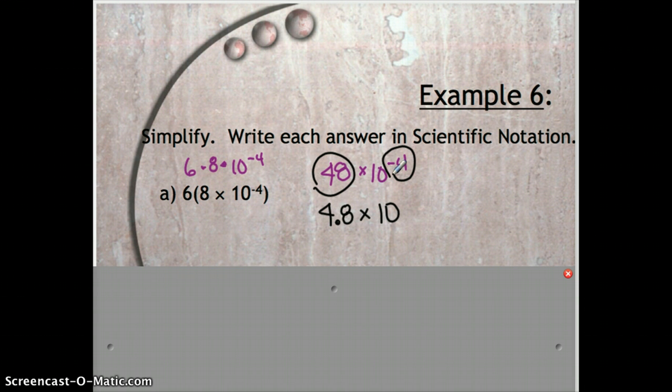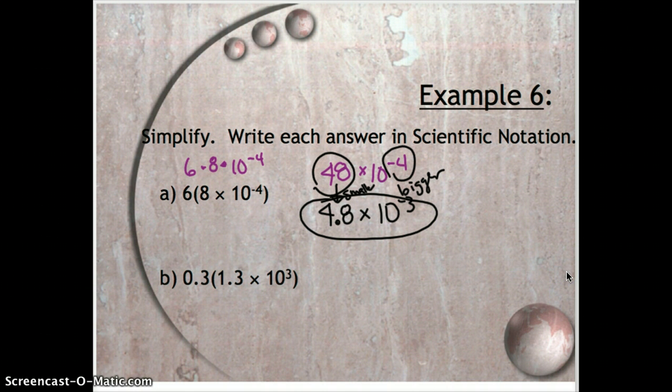And how I like to think about this, I made this number smaller. So to make it balance out, I need to make this number bigger. Otherwise, it will not equal the same number. So 10 to the negative 4, I move the decimal 1 place, so I'm going to change this by making it bigger by 1. Should equal the same thing as 4.8 times 10 to the negative 3. And you can check that on your calculator or what not.